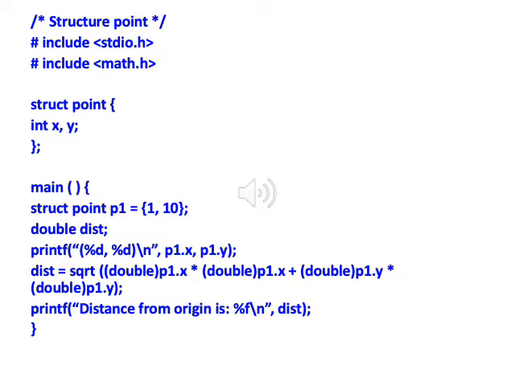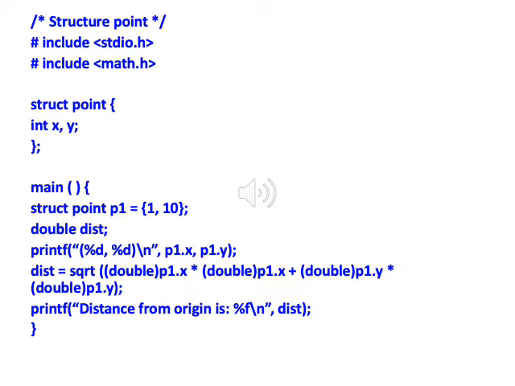So once again, we have p1.x times p1.x plus p1.y times p1.y, and because the x and y components are integers, and the distance has been declared to be a double for the precision, we have cast all of these four values as doubles. What it will do is x square plus y square, take the square root, and then store the result in distance.